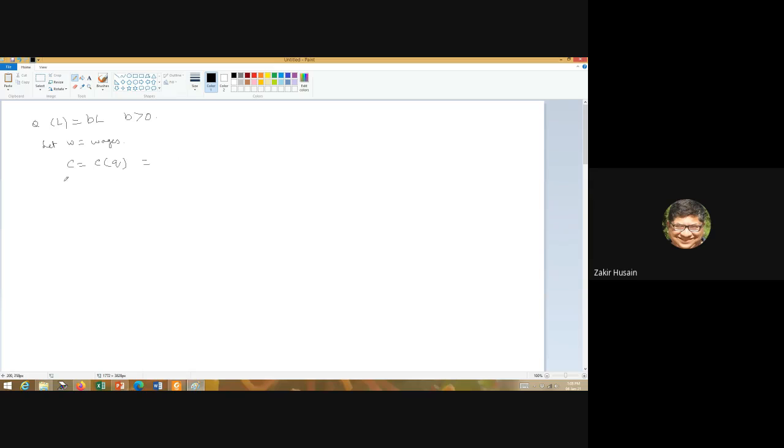If you are producing 1 unit of output, how much labor will you require? You can see that you have got only one input. So the cost will be wages into number of workers. So W, how many workers are you employing to produce 1 unit? BL. So WBL. That is the cost function.